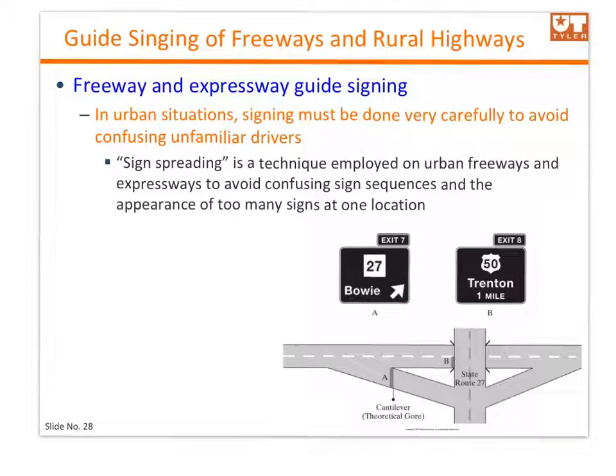Now you have to wait until you reach point B to put this sign indicating that we are heading to US 50, the city is Trenton, and the destination is going to be reached within 1 mile. You can't put both of them here, otherwise it will be confusing to unfamiliar drivers.